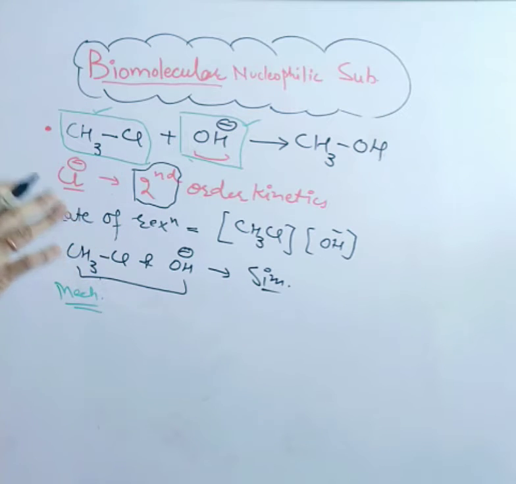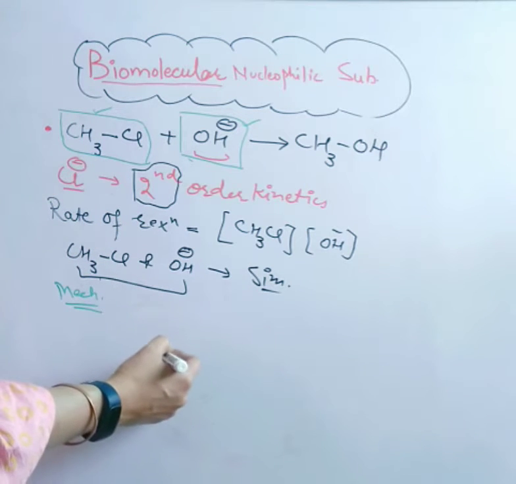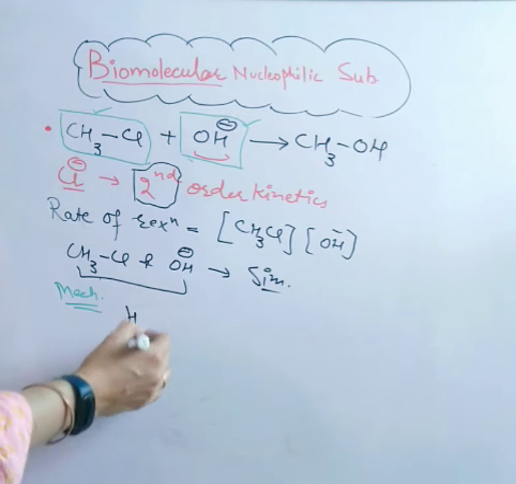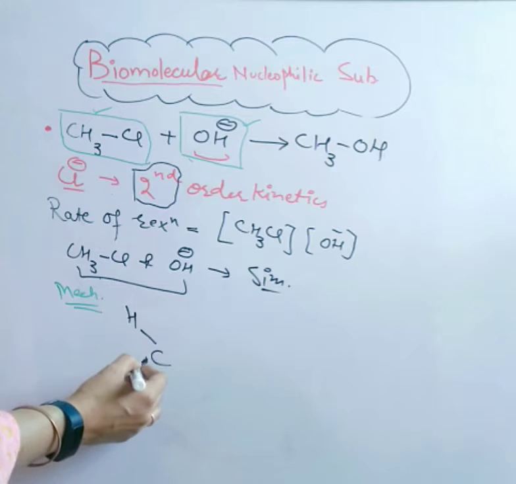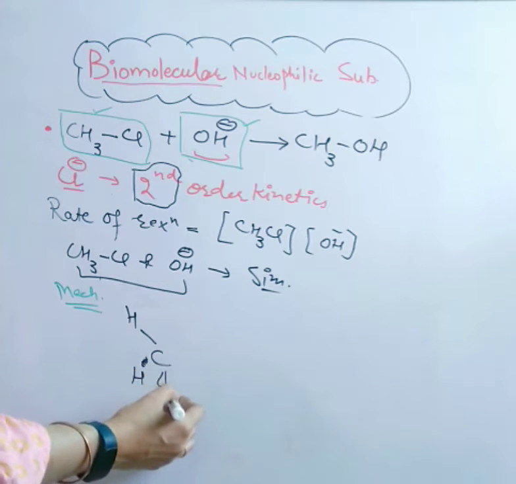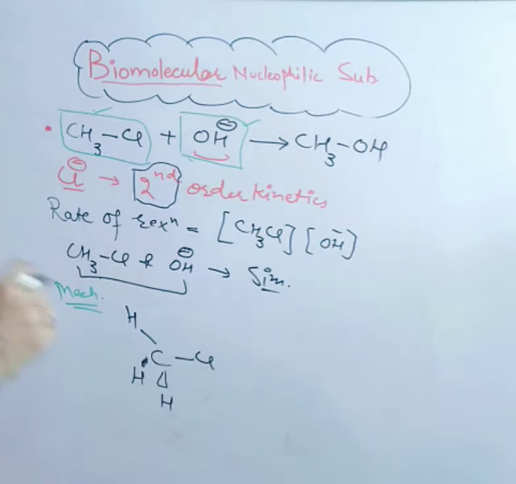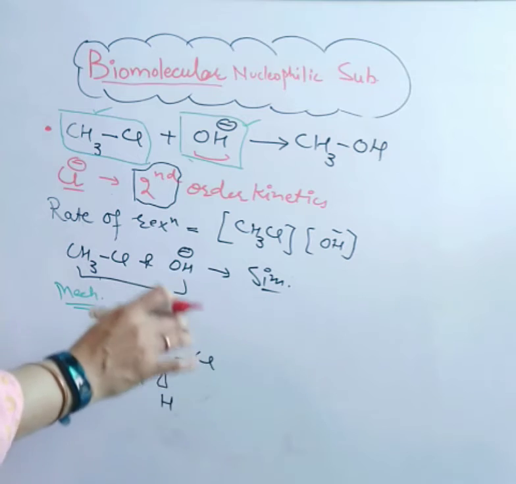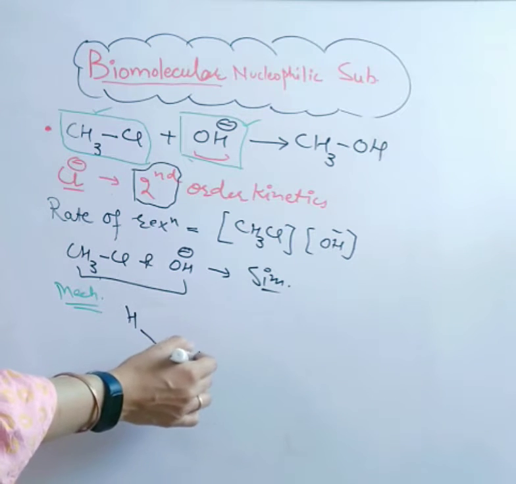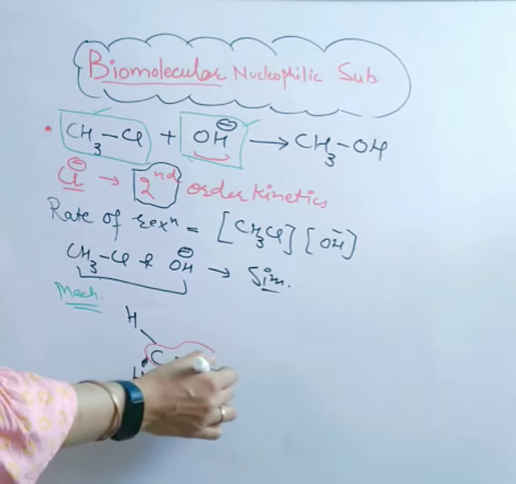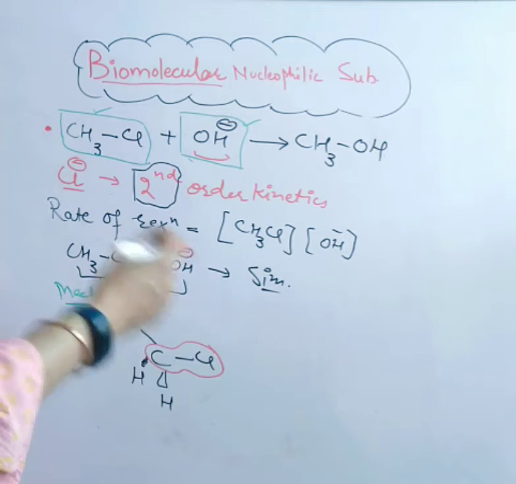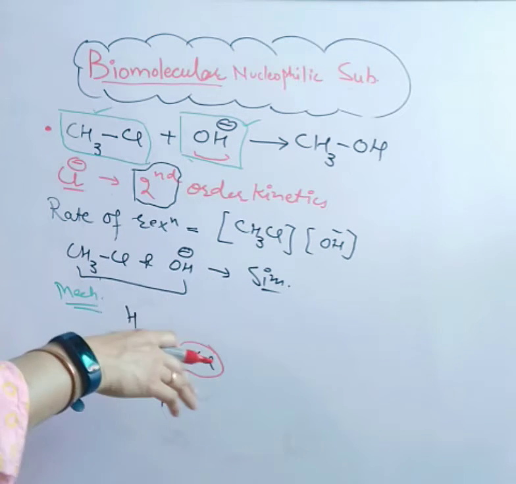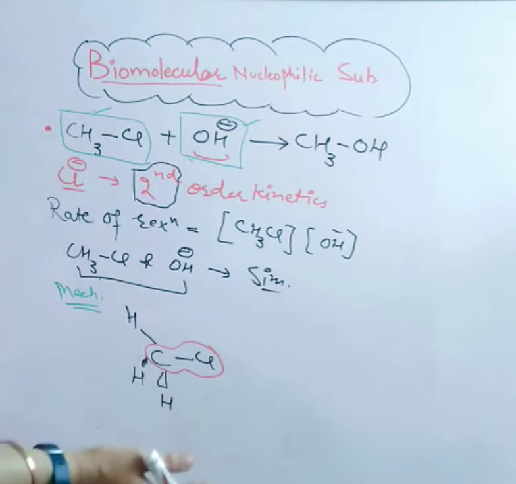See what happens, the methyl chloride, methyl with 3 hydrogens, one is below the plane, one is above the plane, and here it is chloride. In methyl chloride the carbon halogen bond, this bond, starts breaking and a new bond formation takes place.